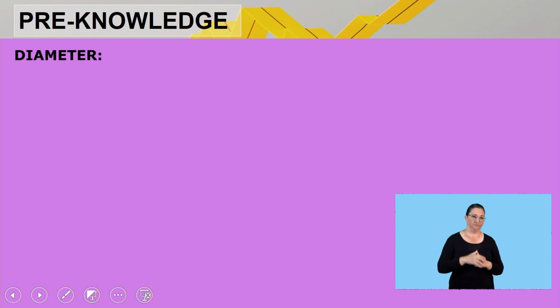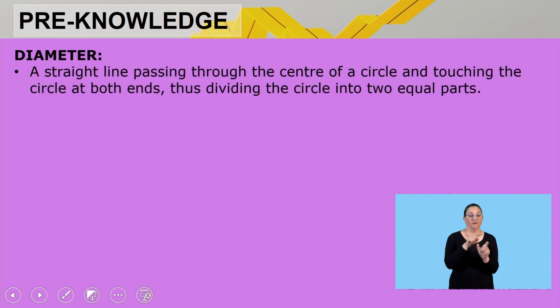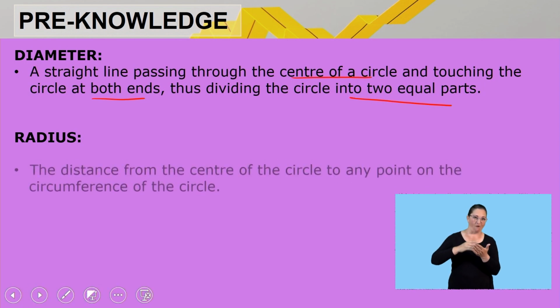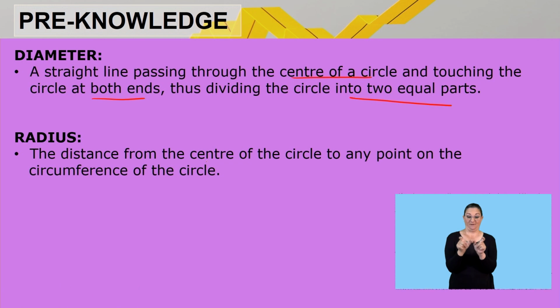Okay? We also know that diameter is a straight line passing through the center of a circle and touching the circle at both the ends, thus dividing the circle into two equal parts. Together with this is what we call the radius. So what is our radius? It's the distance from the center of the circle to any point on the circumference of the circle.